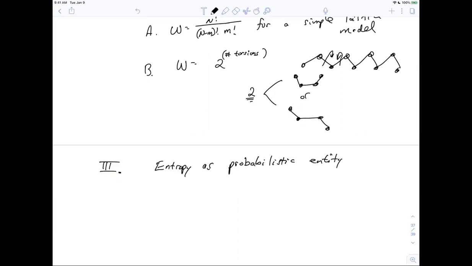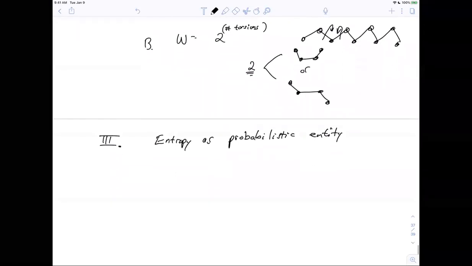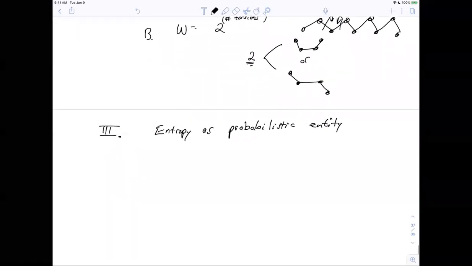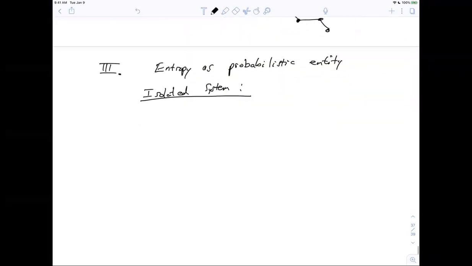And what I mean by probabilistic entity is that we saw for an isolated system, let's say we have this box of gas, and let's just use our lattice model picture.